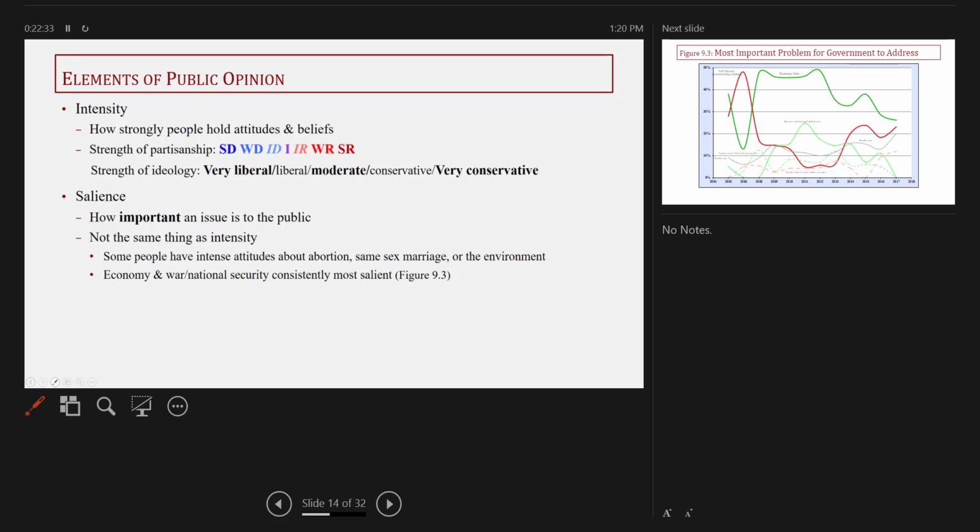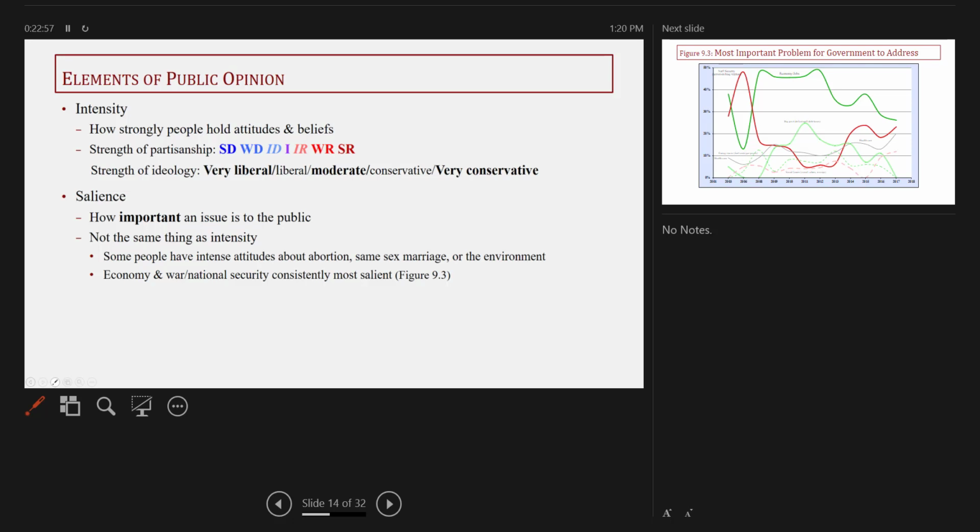And so the way we tend to measure salience of public opinion in the aggregate in America is just with questions. What do you think are the 3 or 5 most important issues that government needs to deal with? And so this is a common question that's been asked for decades and decades.